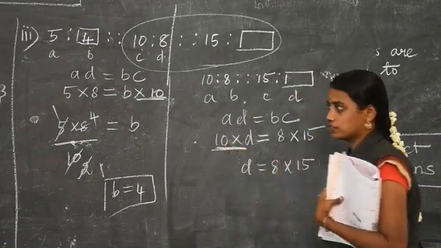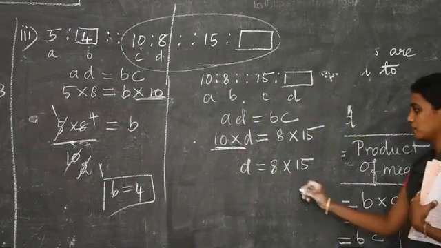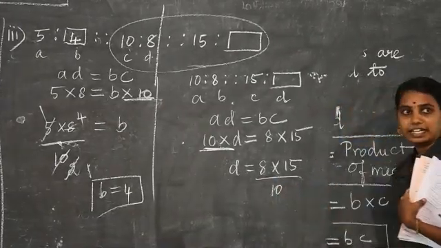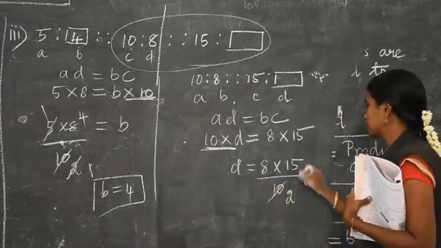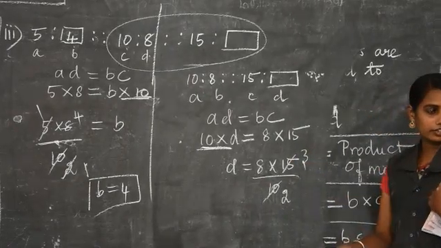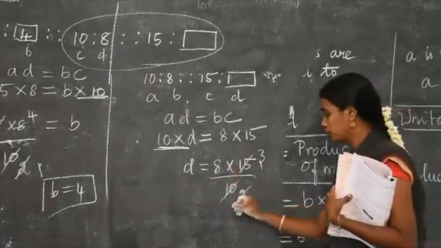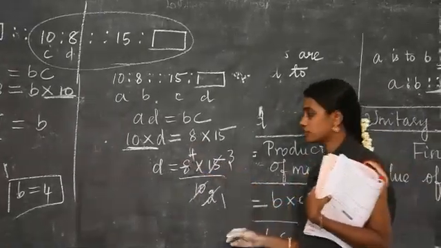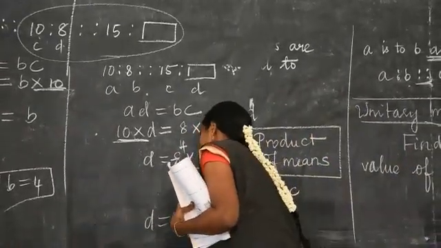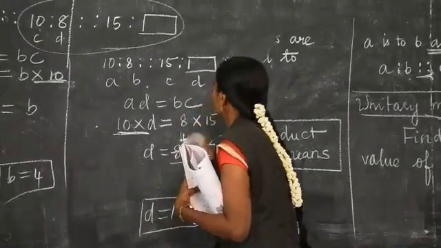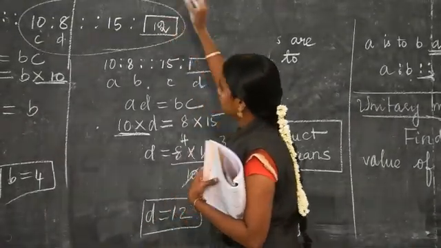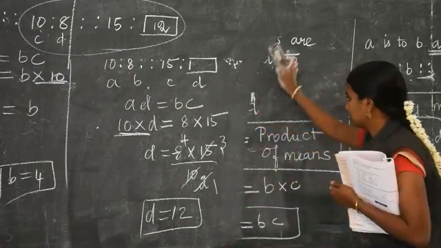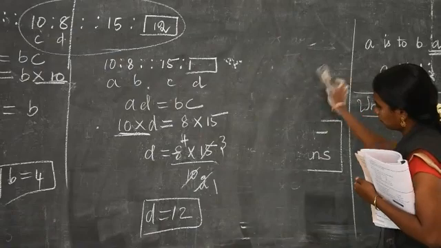This multiple of 10 will come this side as division. Then 5 table, 2 times, 3 times. Then again you can cancel by 2 table, 2 ones are 2, 2 fours are 8. Now multiply 4 into 3, 12. So D value is 12. So here the answer is 12. Okay, clear everyone? Okay. Same method but do it properly.